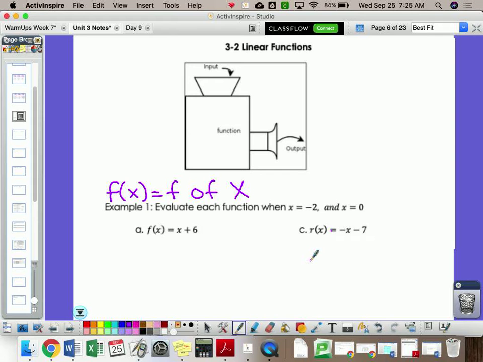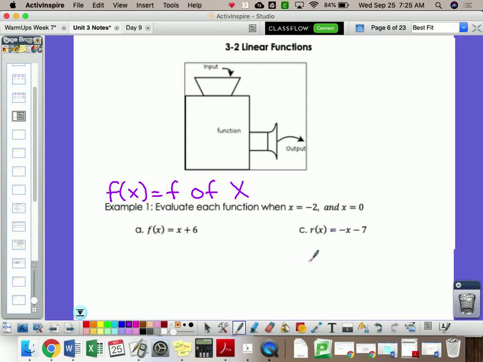So it's a way to denote what is the y and what is the x all within one function. So we're going to use this to help us to show a better way, other than just using x and y, a different way to write our equations.